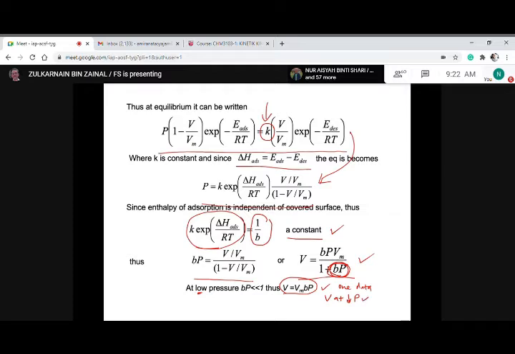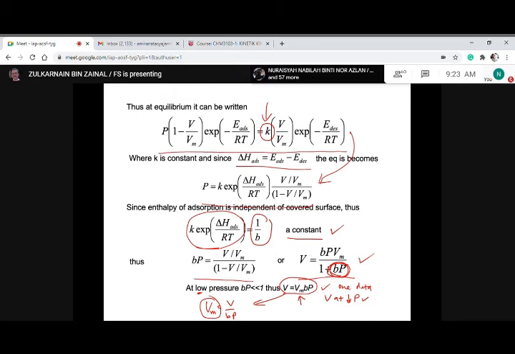If you determine the V at low pressure, then you can already get the surface area by getting the value of Vm, because Vm is just V over BP. If you know the pressure, of course you know B. Then you know the surface coverage. You should be able to get the value of Vm by getting only one data point.